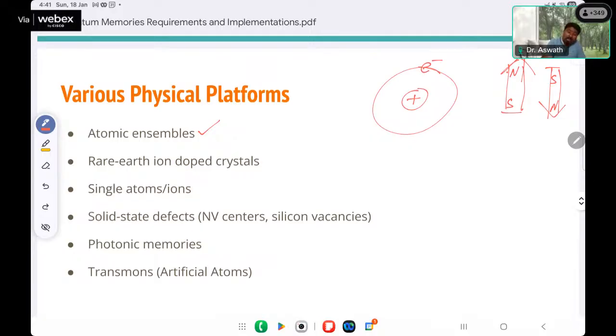That itself would give me a superposition state of alpha upspin, beta downspin, which is a quantum state for me. So this is how atomic ensembles will allow me to realize some qubits.